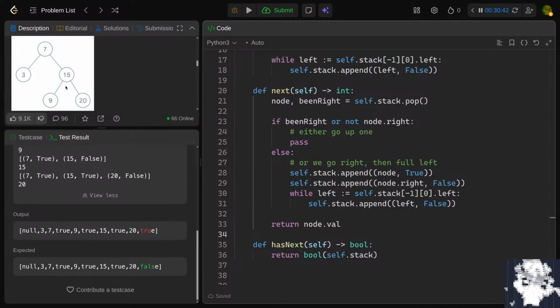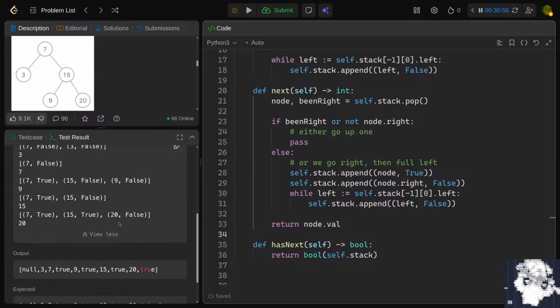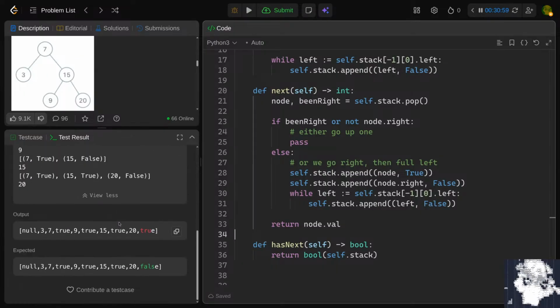So how do we fix that? One way is we could not say false if there is no right. We could just say you've been right if you don't have a right.